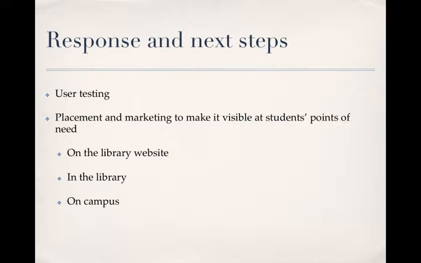We're also thinking a lot about marketing and placement. We talk about it in instruction sessions, and we have a LibGuides box that a lot of people have put on their LibGuides to market Library DIY.